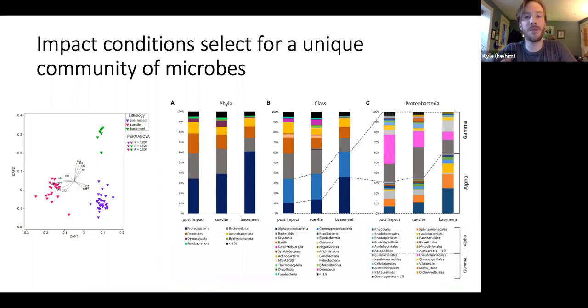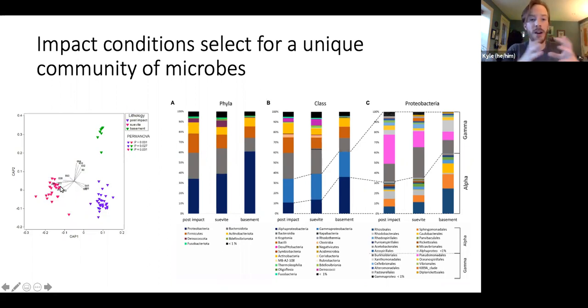Is this environment selecting for a special community of microbes that is different from everywhere else? And that's what this correspondence analysis plot is showing. So each of these little dots is a different microbe, a different taxa, and the colors correspond to green being before the impact in the sediment, purple being post-impact, and then right at that sweet spot where that unique mineral is are these triangles in pink.